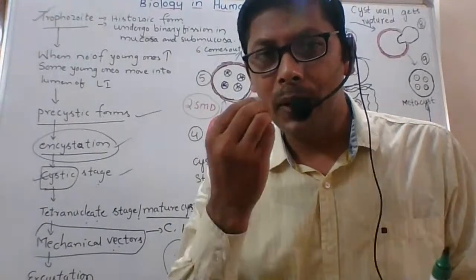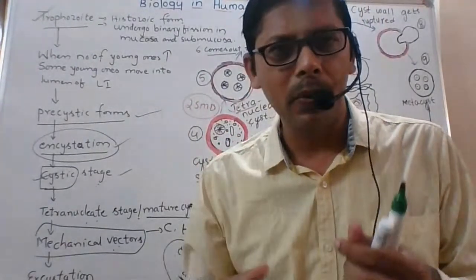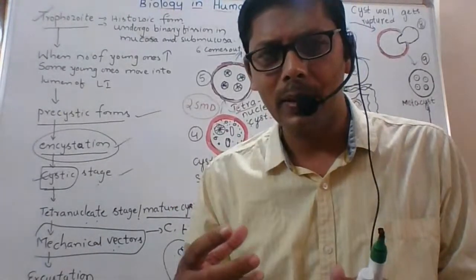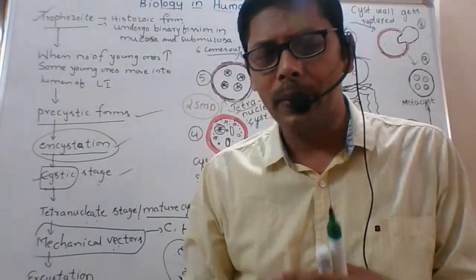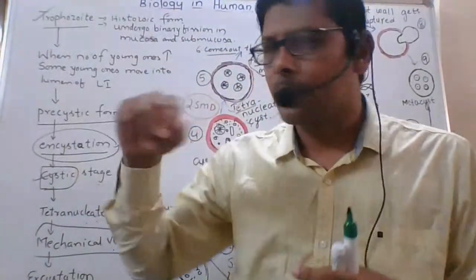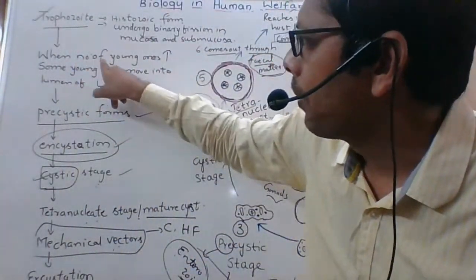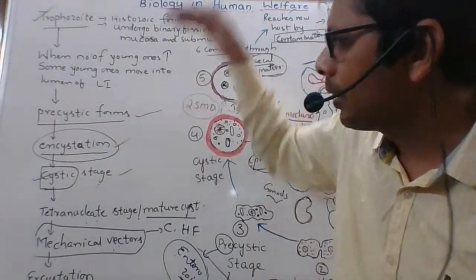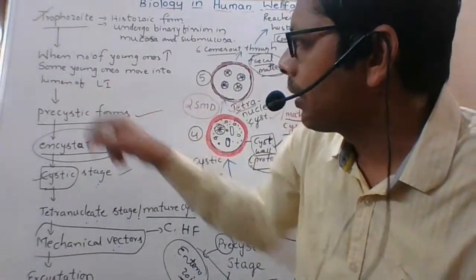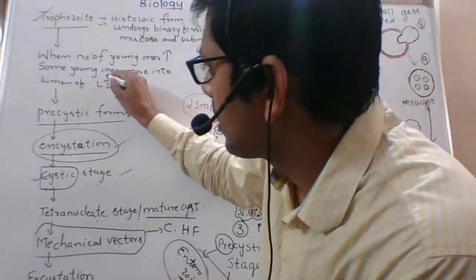These young ones feed on our blood in the mucosa and submucosa and on tissue cells, they grow inside, and again they divide. When the number of young ones increases, some young ones enter into the lumen of the large intestine.